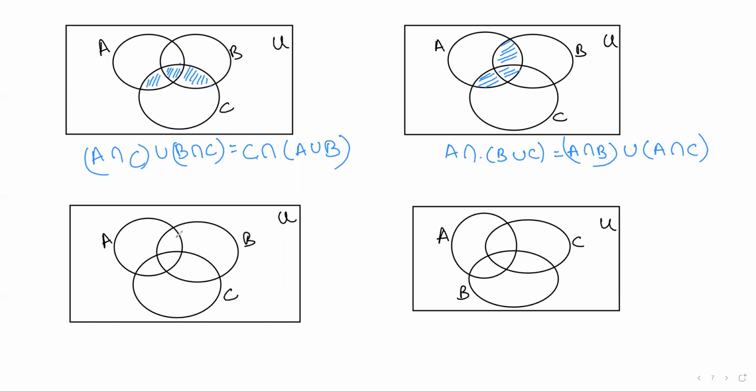Let's consider this region and this region. Now, what you're doing is considering all the three regions, and then removing the region which is common for all the three sets.